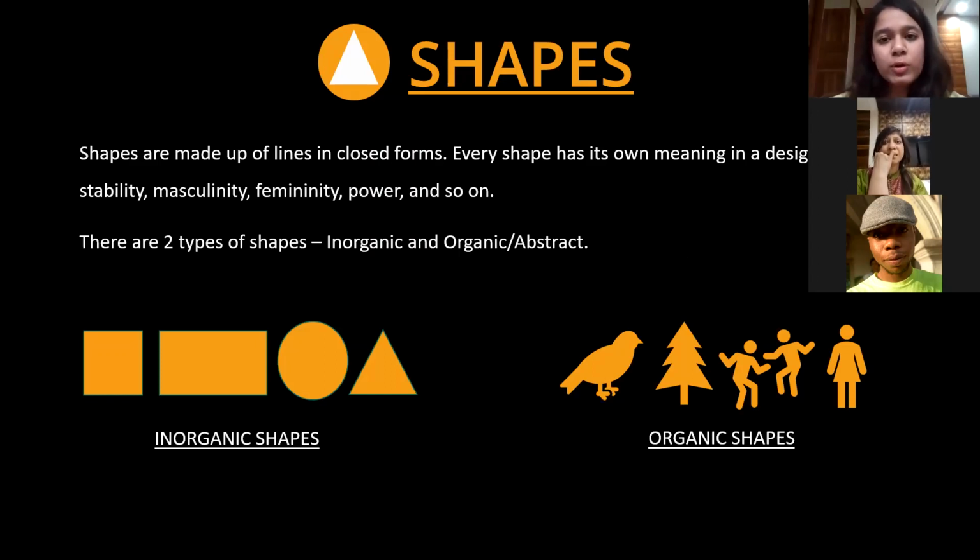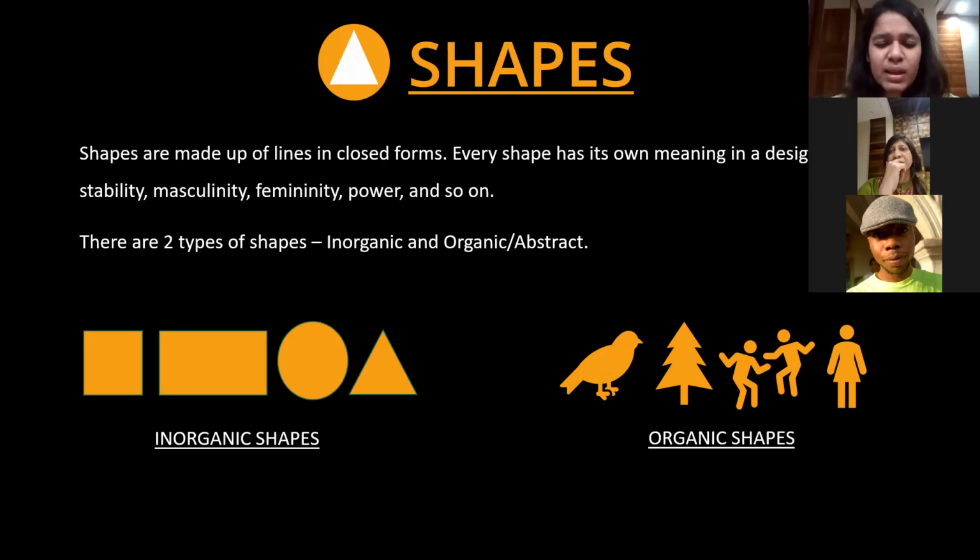And shapes are of two types. One is inorganic and one is organic. So the inorganic shapes are rectangles, circles, squares, cones, and basic shapes which we know ever since childhood. Whereas the organic and abstract shapes are the ones which we see around us, be it tables, human beings, animals, or any such thing.